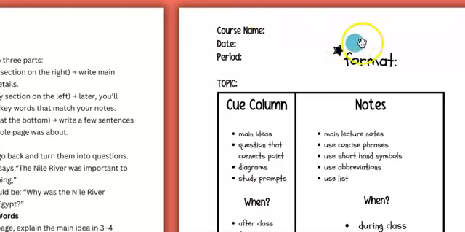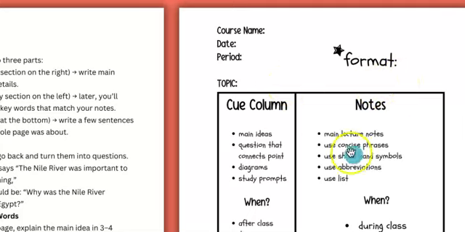Whatever the case may be, write down the course name, write down the date, and then your class period. And then write down your topic, right? Is your topic chapter 5 of The Great Gatsby? Is your topic the first 5 pages of the story of The Most Dangerous Game? Is it chapter 4 in your bio book? Whatever it is, identify your topic.